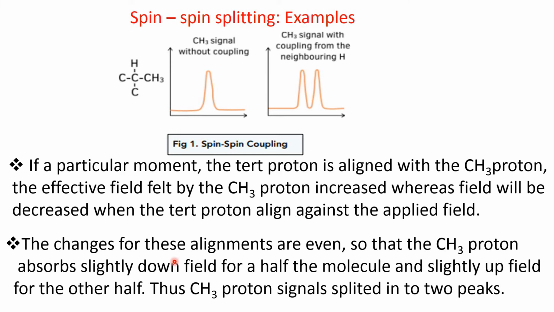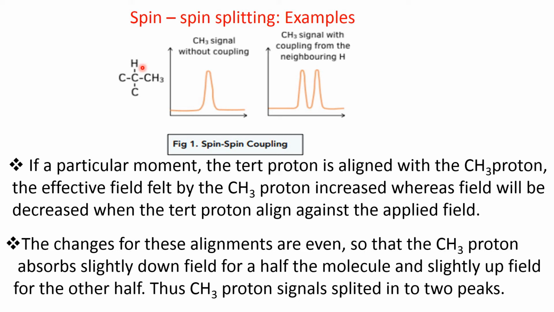And then changes of these alignments are even, so that methyl proton absorbs slightly downfield for half of the molecule. The methyl protons experiencing the magnetic field where this tertiary proton is aligned with the applied magnetic field, those half methyl protons will experience more magnetic field, so they will absorb at downfield.